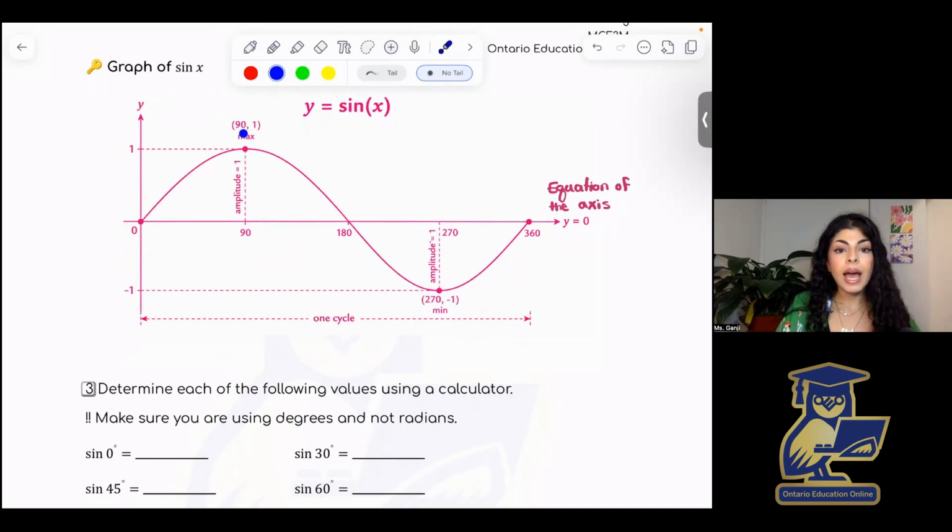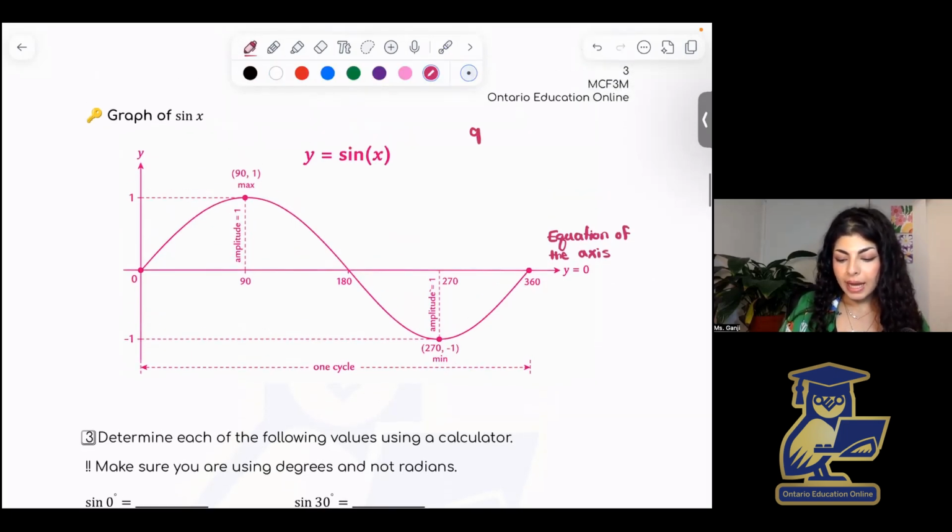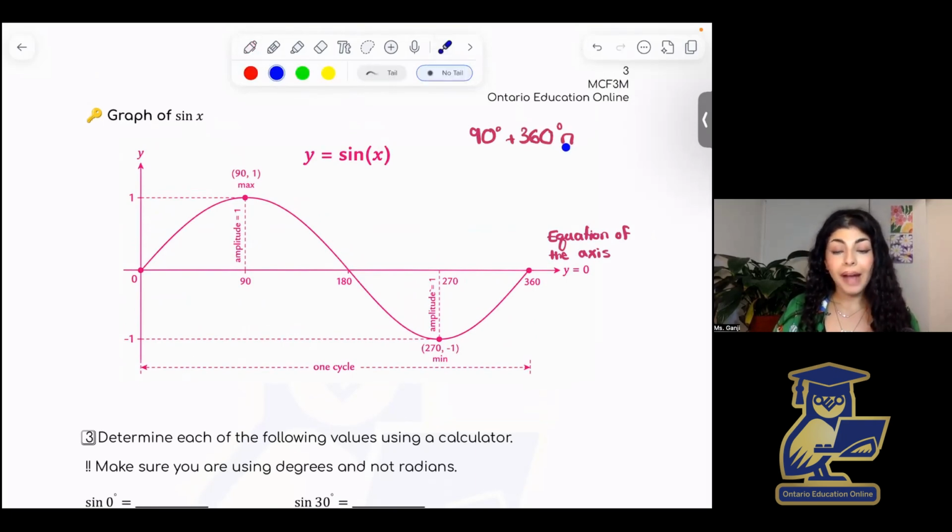Any multiple of 90, well, not any multiple of 90, because 180 will be a multiple of 90, but rather after every cycle is done you go another 90 from there. So how we would write it is 90 degrees plus 360 degrees times n. So for example, after one cycle, you have 360 and then another 90 would bring you to 450. So at 450, you will also have a maximum of 1, or multiply by 2, 3, and so on.